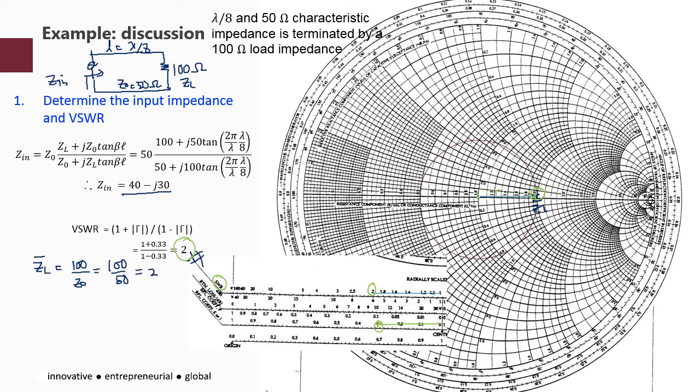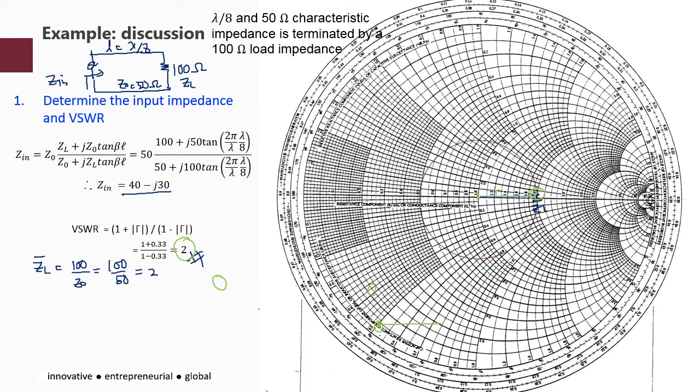Next is to find Zin. As usual, you need to have the line to indicate the current position. The line is here, and to determine Zin from the current position, you look towards the generator.